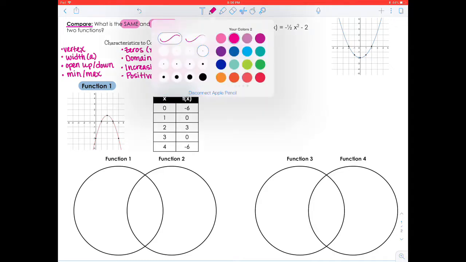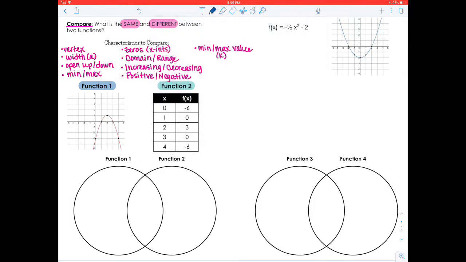So let's start with function 1. Let's find that vertex. Here it is. And I know that that is 2, 1. I know that this graph is opening down, so that's going to be super helpful. It has a maximum.